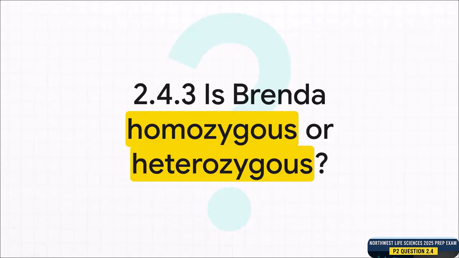Okay, now the questions start getting a little bit spicier. We need to figure out Brenda's genotype. We can see she's unaffected, right? She's an unshaded circle. So we know she has at least one dominant XA allele. But what about her other X chromosome? Is it another dominant XA, making her homozygous? Or is it the recessive XA, making her heterozygous?